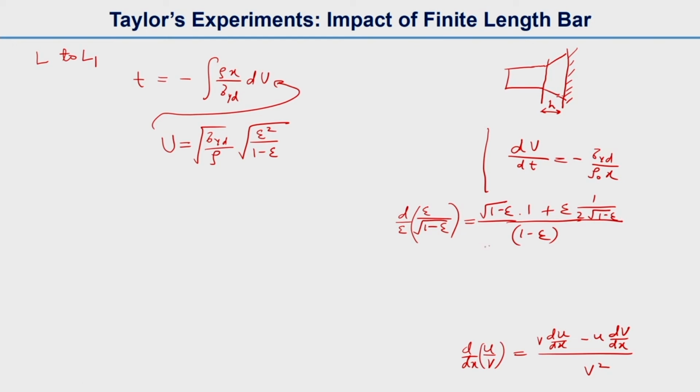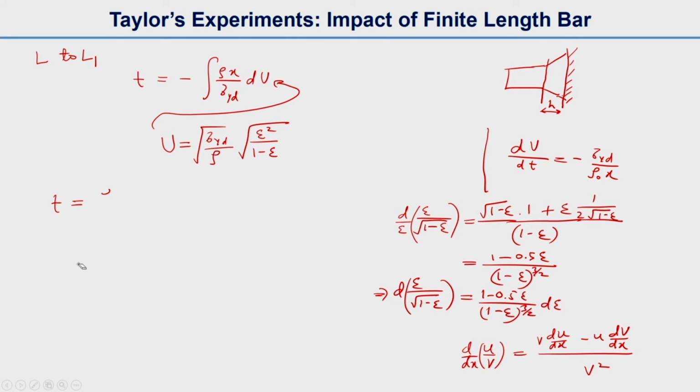So this will give us something like 1 minus 0.5 epsilon divided by 1 minus epsilon to the power 3 by 2, and so basically d e 1 minus epsilon square root will be equal to 1 minus 0.5 epsilon divided by 1 minus epsilon to the power 3 by 2 d epsilon.